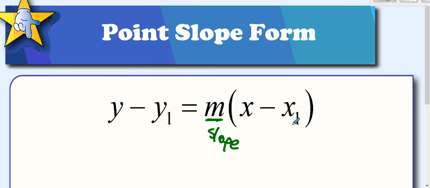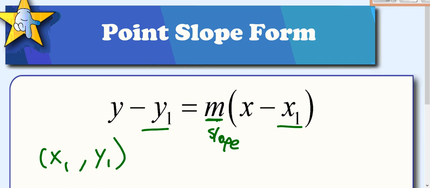You could just know any point. x1, y1 is just any point that the line passes through. That x1, y1 could be the same x1, y1 that you use in your slope formula, y2 minus y1 over x2 minus x1.